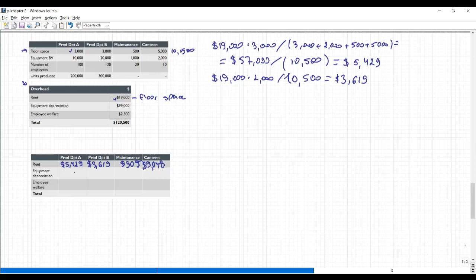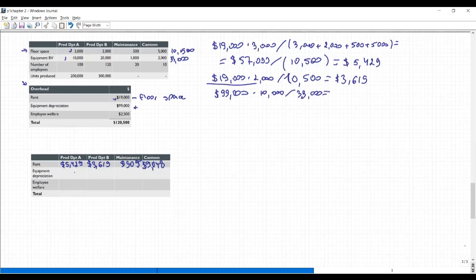Now we need to allocate equipment depreciation. It seems that the valid basis would be to take the book value of equipment, and it seems that it's 33,000. So we will take the depreciation of 99,000, multiply that by the book value of equipment for production department A, and divide that by the total value of equipment for the factory.